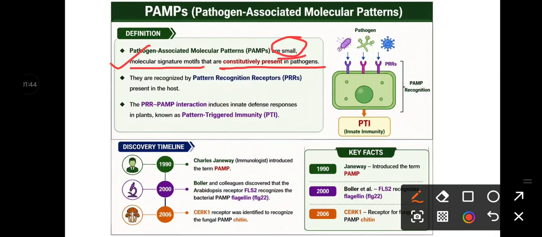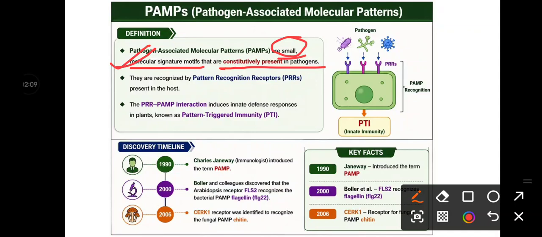If a bacterial pathogen is there, then the peptidoglycan PAMP will be produced. So these are signature molecules that are constitutively present in the pathogen. Constitutively present means it is present as a structural thing.